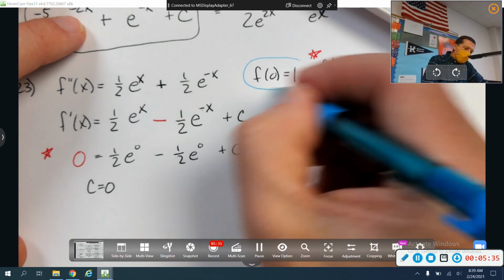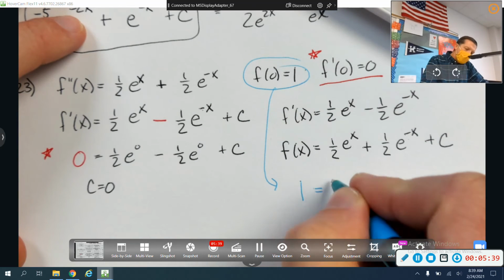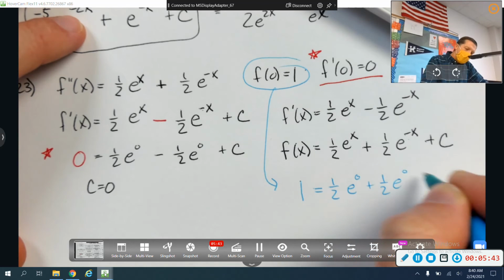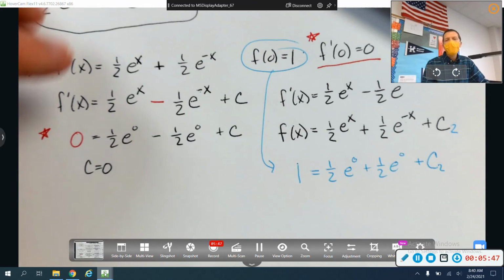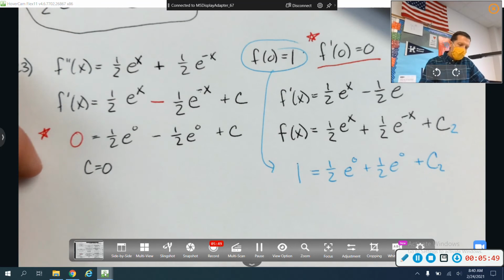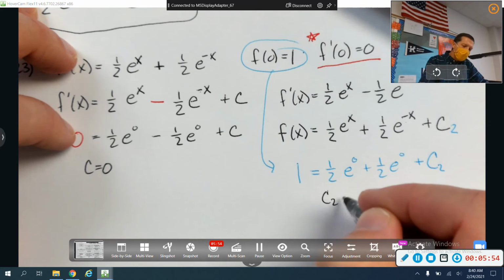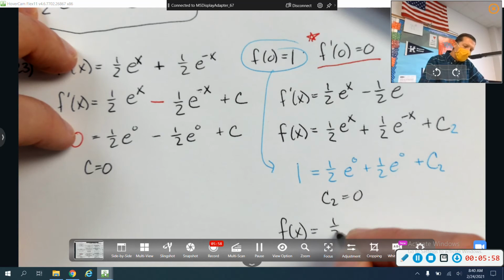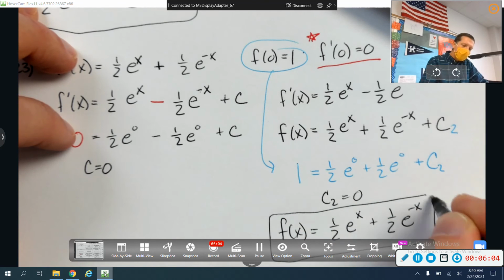And then I'll use the other information. Remember, this is a different c, so if you need to call it c2, you certainly can. 1/2 plus 1/2 is 1, so c2 is also equal to 0. That was very, very kind of them to rig this problem for both of the c's to be 0.